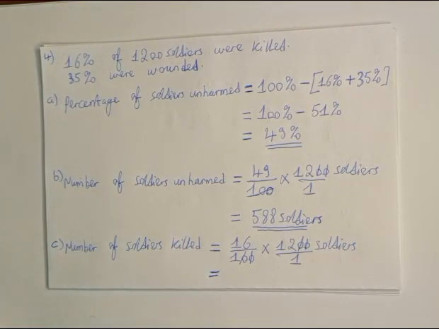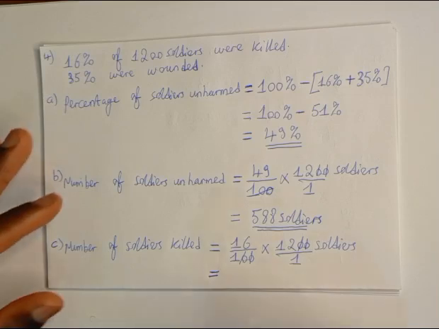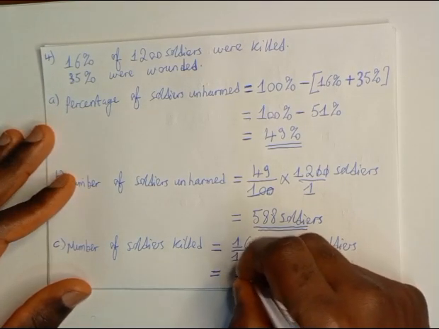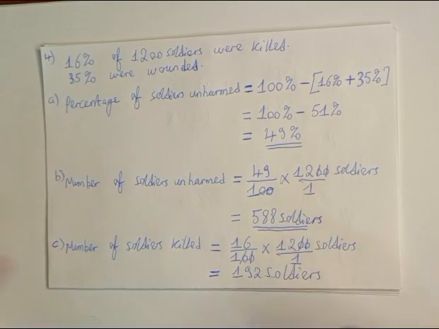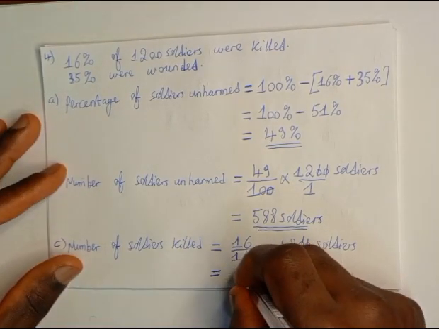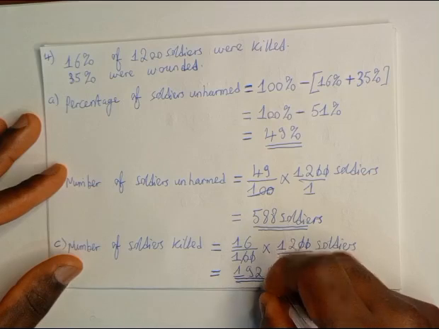We'll be left with 16 times 12, which gives us 192 soldiers. 192 soldiers were killed at the battle.